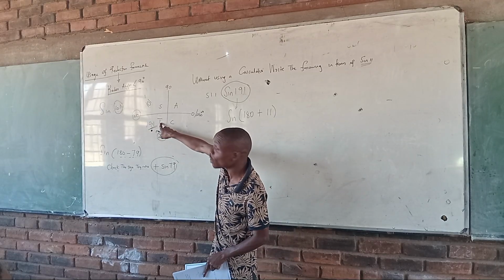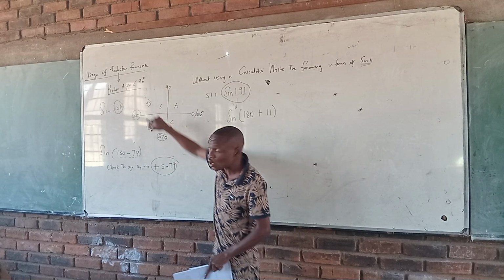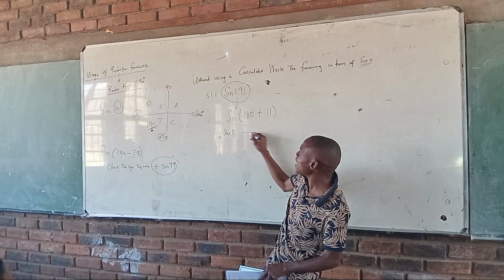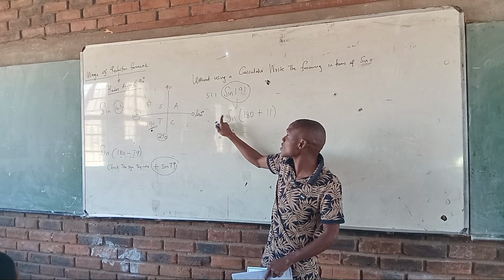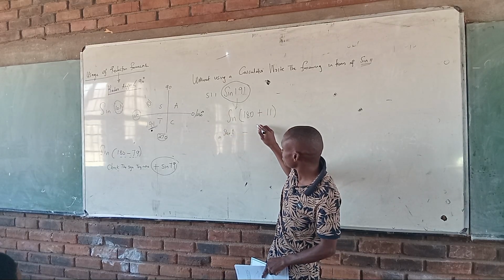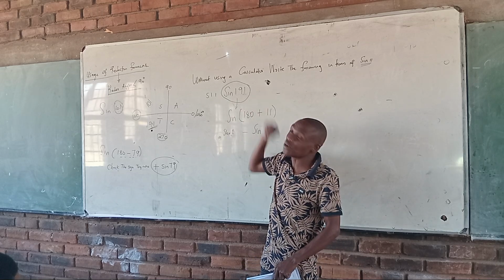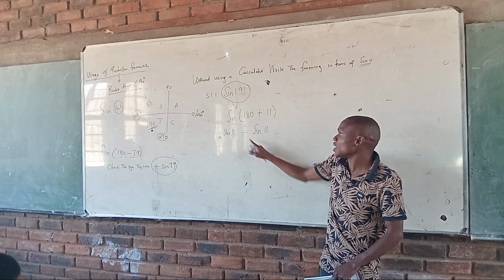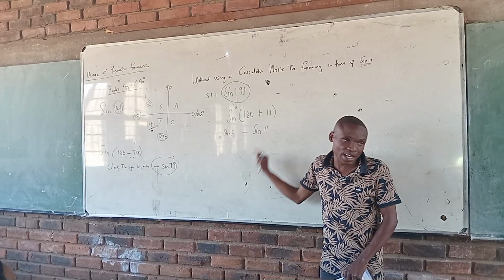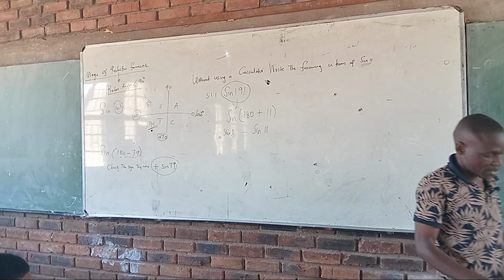It is tan which is positive in this quadrant. So my answer is negative sine 11. Which means sine 191 is negative sine 11.